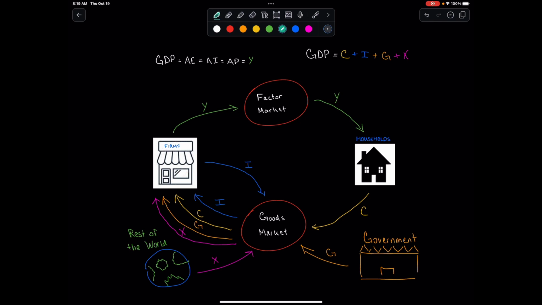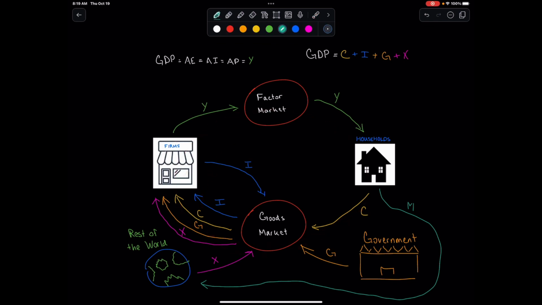So the household here, and I'm going to draw a bit of a liberally loose arrow, goes around here. The household is going to import goods, M for import, which, as you can see, goes outside of this. It's a leakage, if you will, that leaks out of this cycle and will go to the rest of the world.